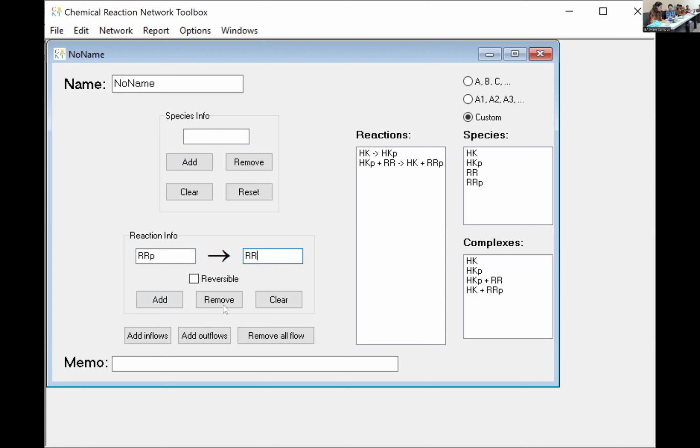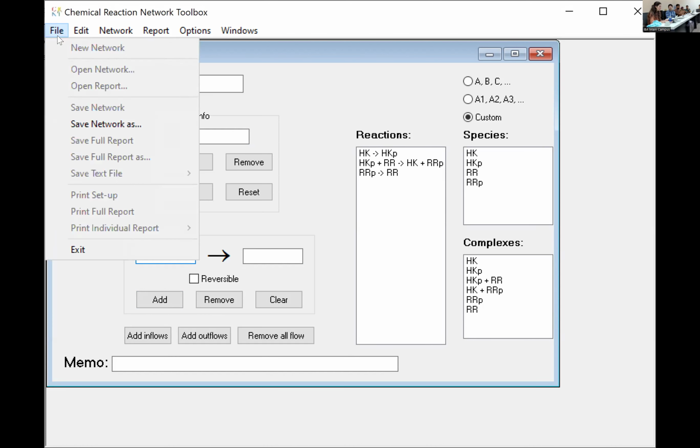So I'm just copying the third network from the first tutorial. And it has these three reactions. And now I can save a network.